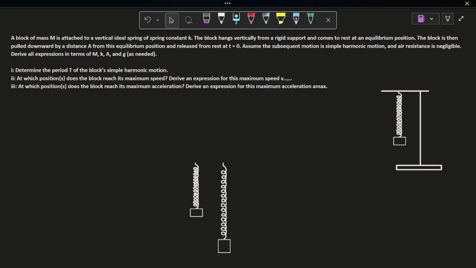So first, let's consider when the block is at its very bottom. Like this. In this situation, the spring is trying to go back to its equilibrium state, so it gives an upward spring force on the object. This spring force gives the object an upward acceleration.